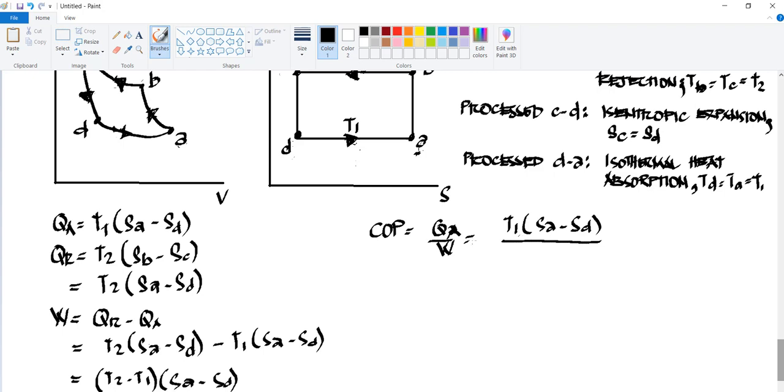The value of your work will be T2 minus T1, the temperature at point 1, times the entropy at point A minus the entropy at point D. So let's cancel out what is common. Your COP will now equal T1 divided by the change in temperature, T2 minus T1.